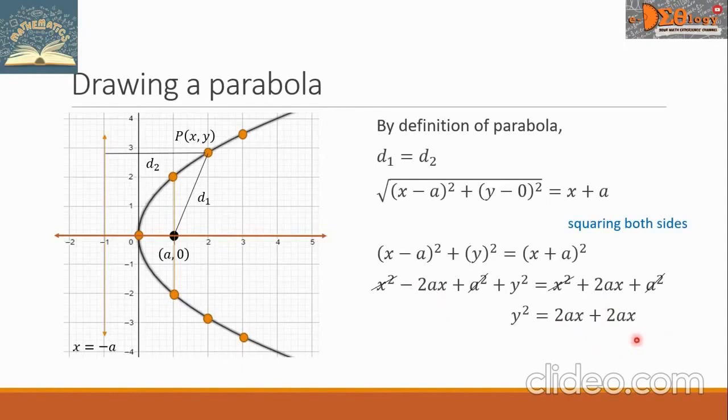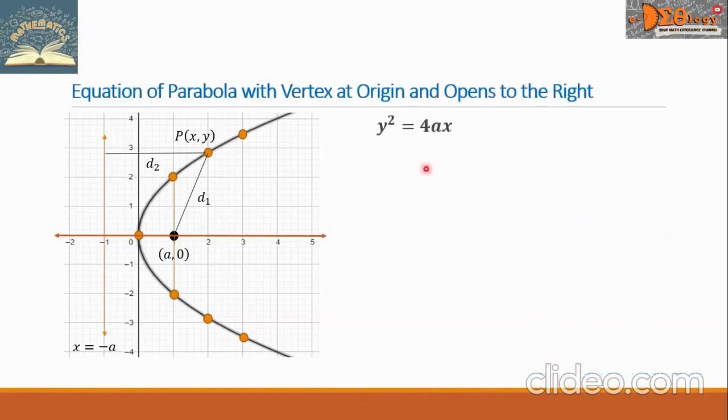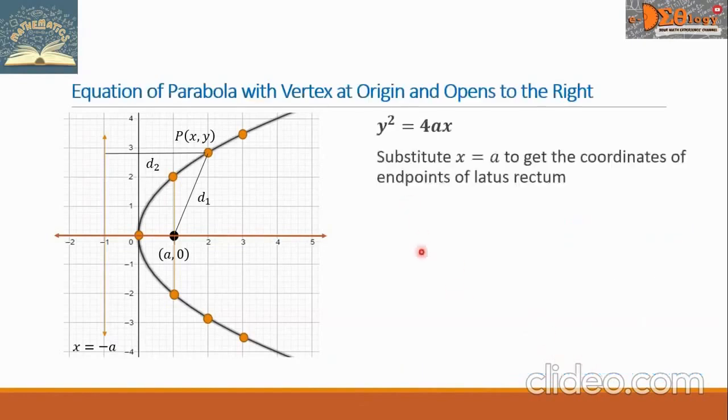Combining the right side terms, we have now 4ax. It means to say the equation of the parabola with vertex at origin and opens to the right is y squared equals 4ax. Let us analyze further this equation.